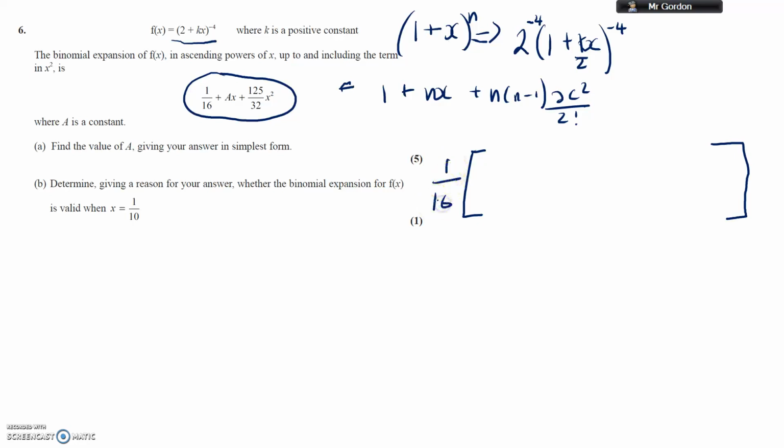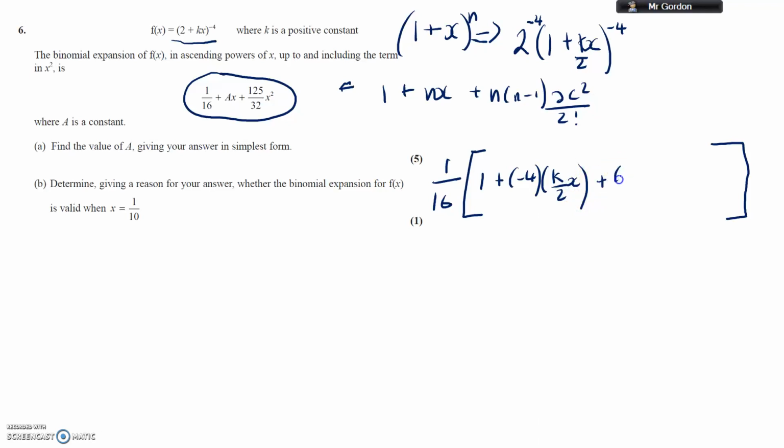This is our 2 to the minus 4 here, out the front. Then we have got 1 plus, we've got minus 4 is our n, and our x is actually the k over 2, x. So k over 2x in this position here.